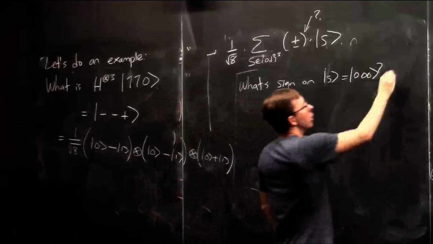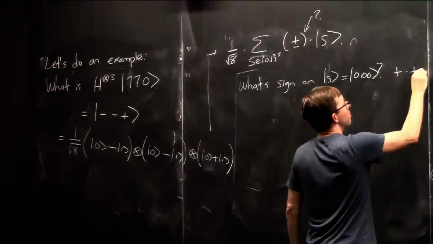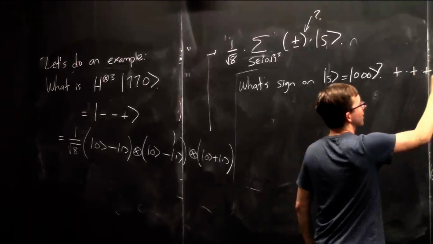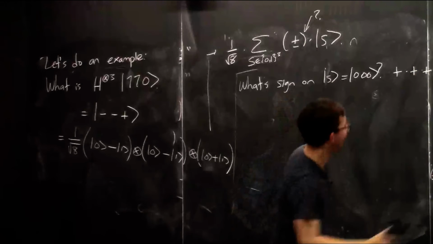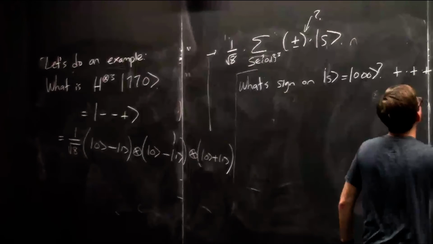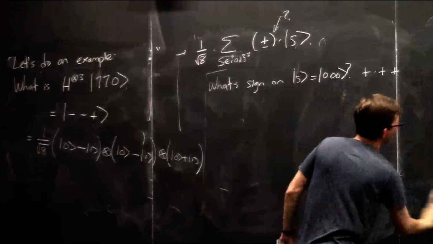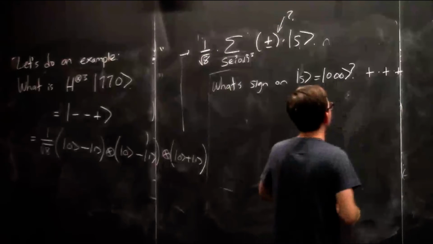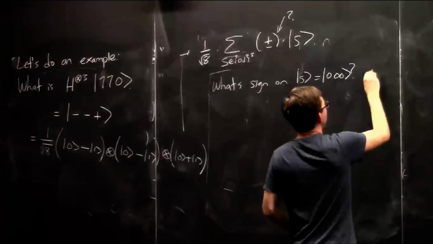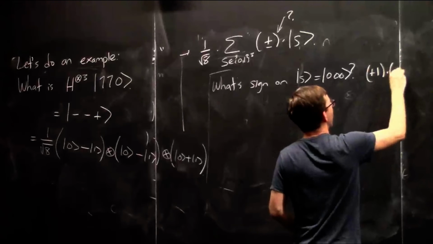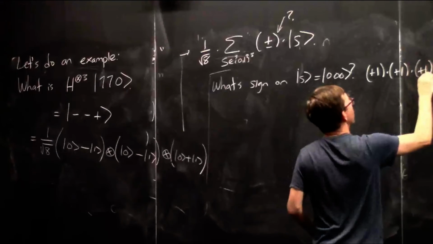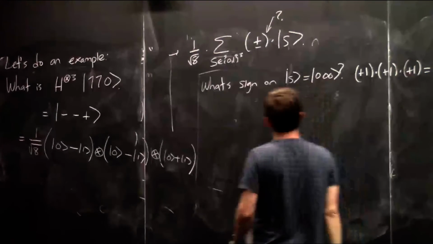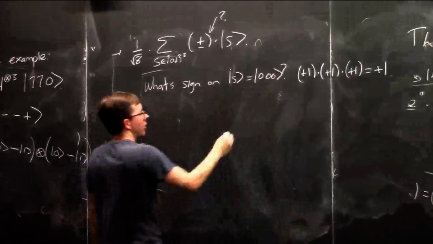Okay, so it's plus times plus times plus equals plus. Hopefully you can deal with that notation. Maybe I should have written, just one time I'll write it like this: plus 1 times plus 1 times plus 1, which is plus 1. Okay, let's just go for a while.